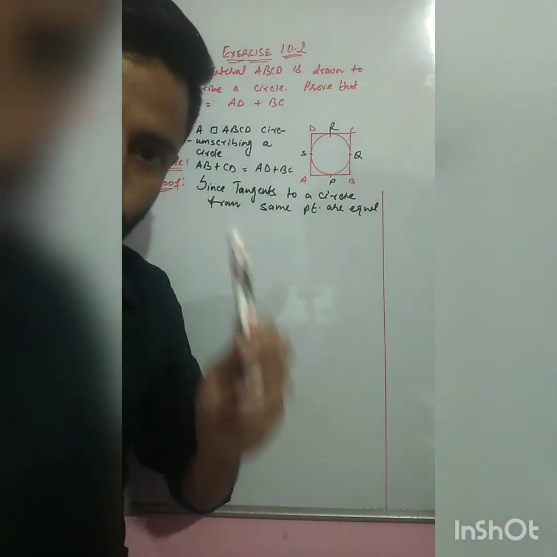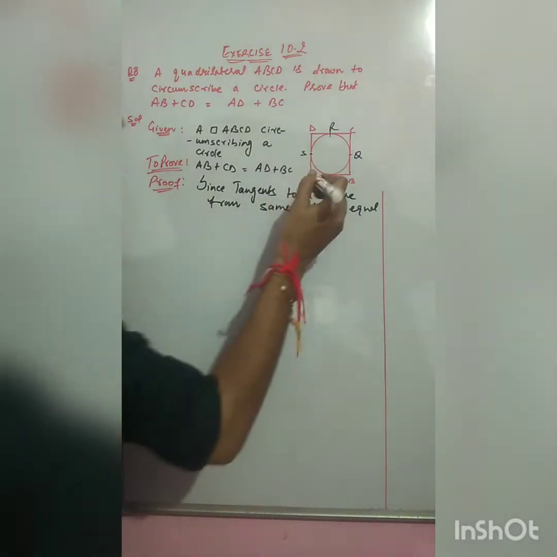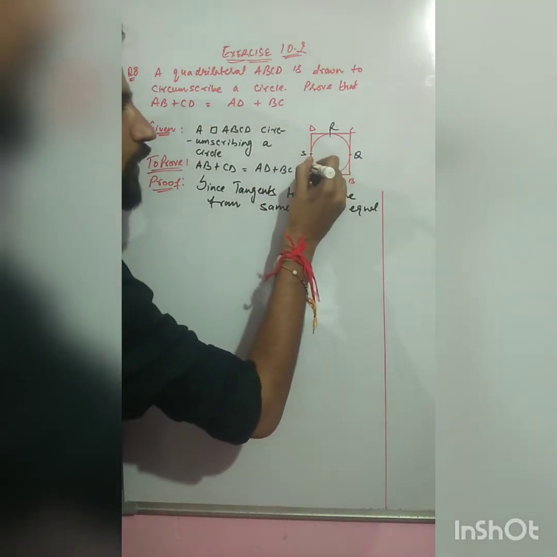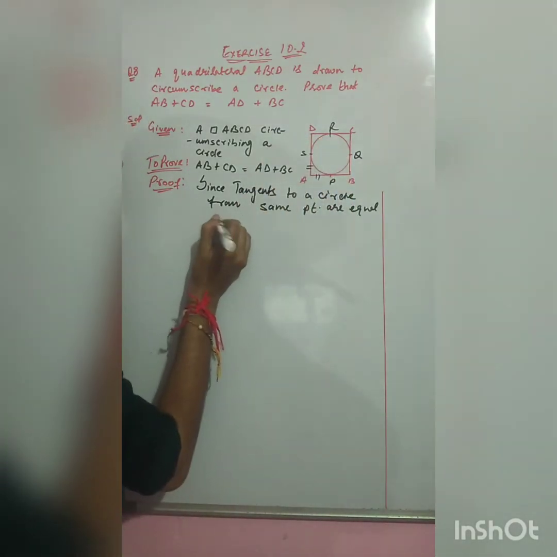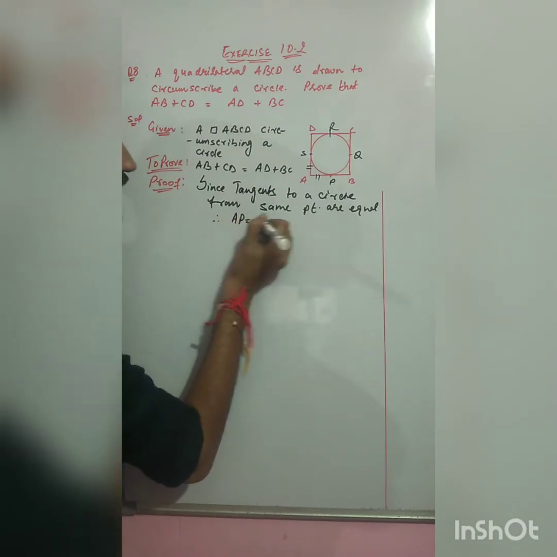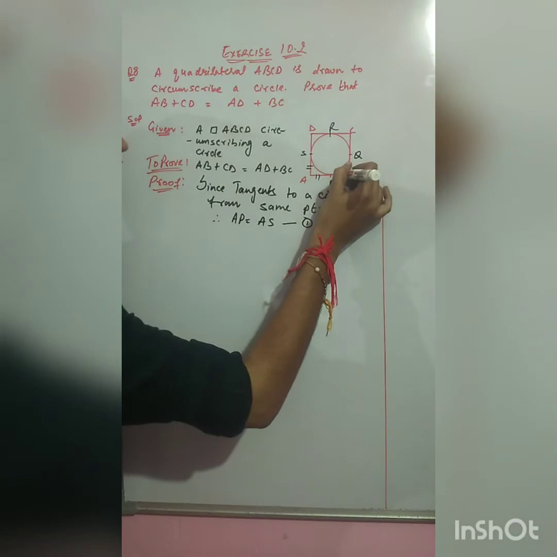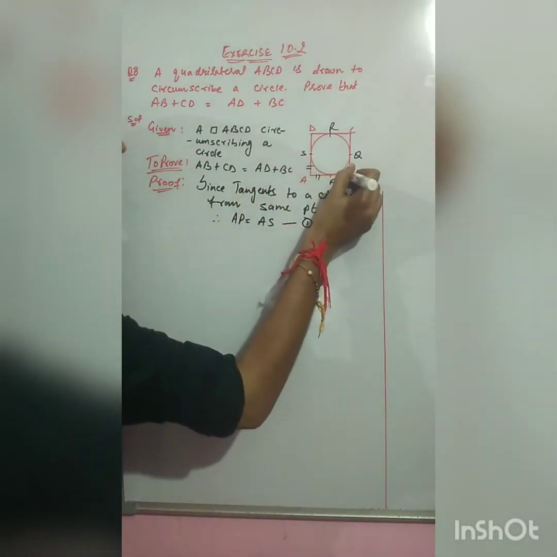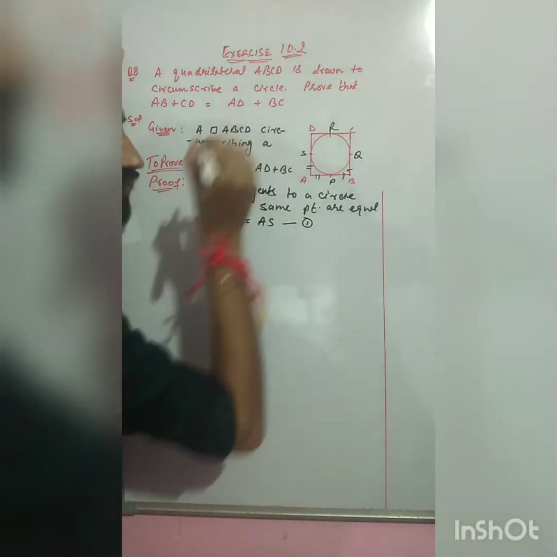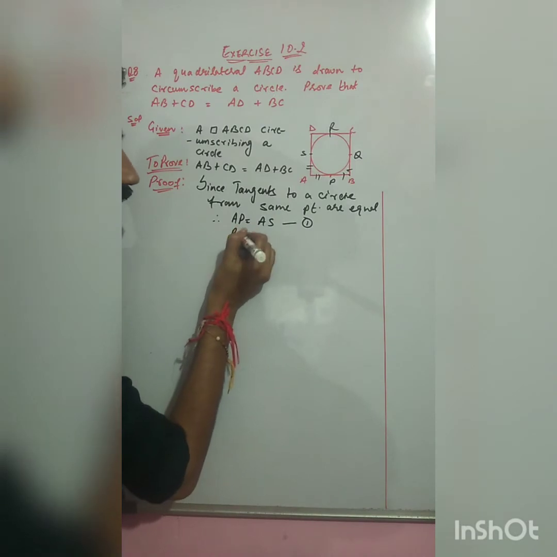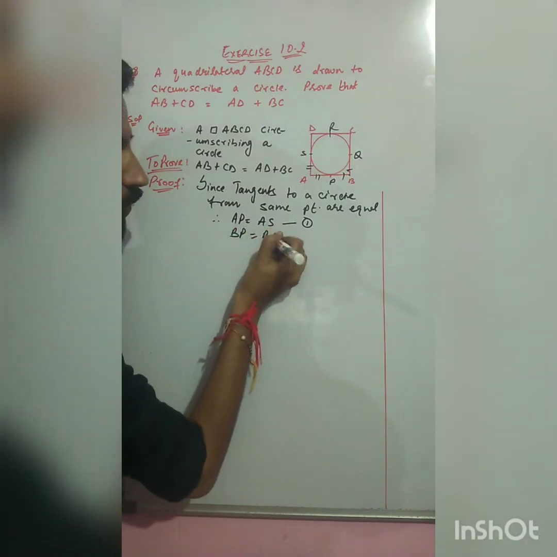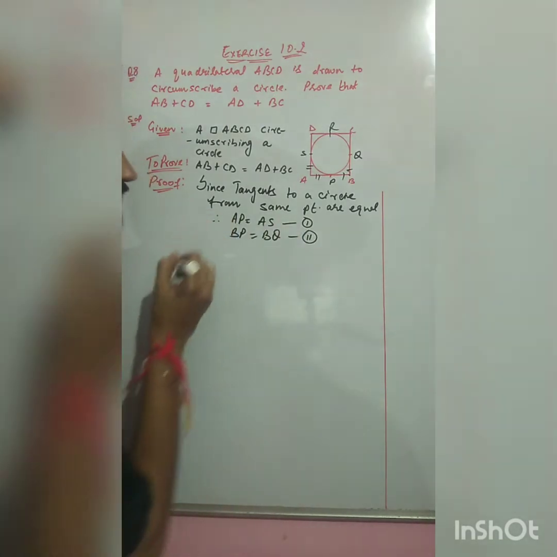So AP is equal to AS, take it as equation number 1. In the same way BP and BQ are equal, as BP and BQ are tangents from point B, so BP is equal to BQ, let it be equation number 2.